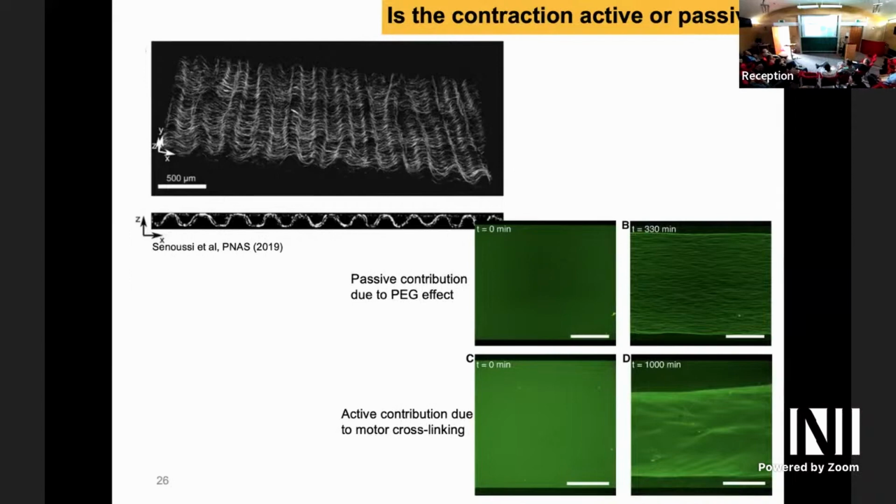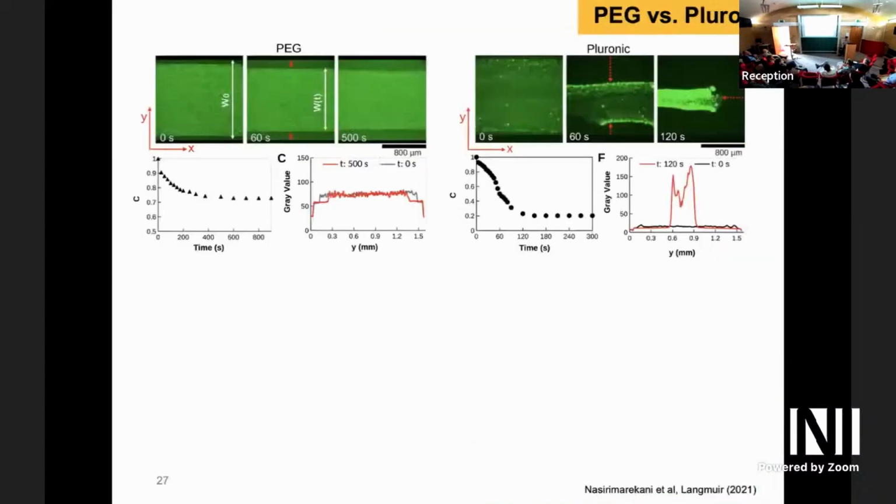And actually, motivated exactly by this effect, we tried to compare the contraction effect that you have in active networks, not passive, when you use PEG or when you use another kind of crowding agent. And what we realized is that when you use a pluronic, the contraction was strong, and you were observing some tearing in this network.